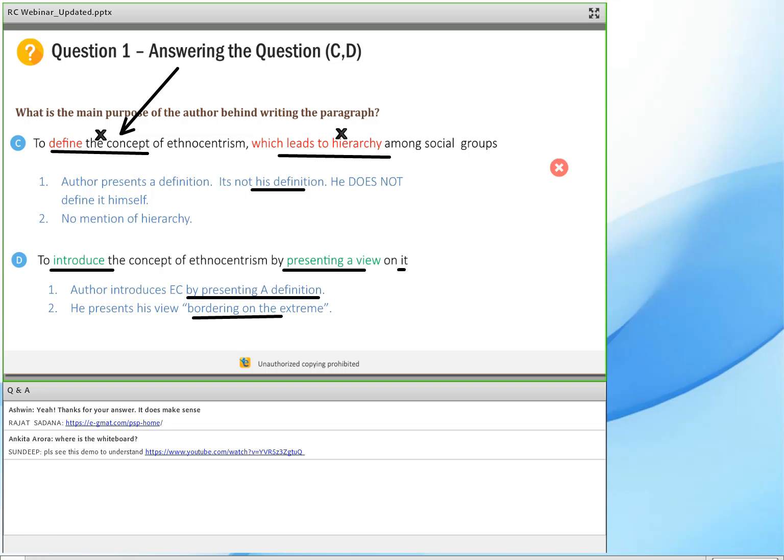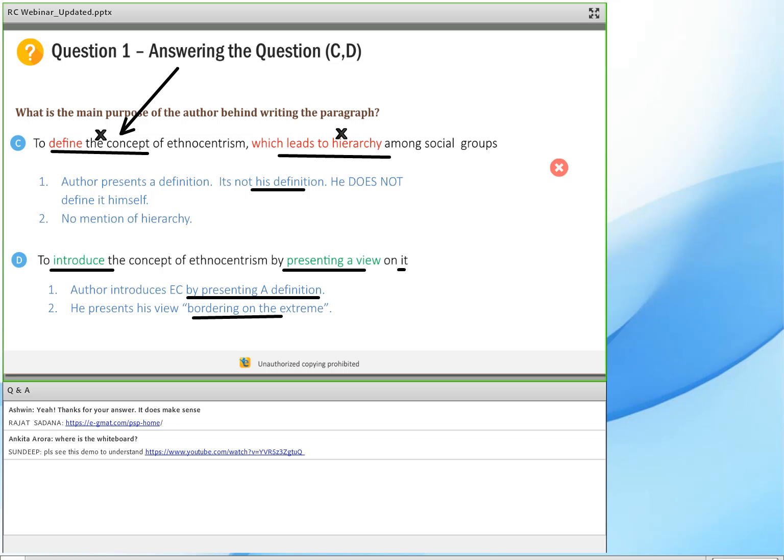I want to address the questions that you have, and I don't want to go back on the slides. All right, I now have the passage with me.